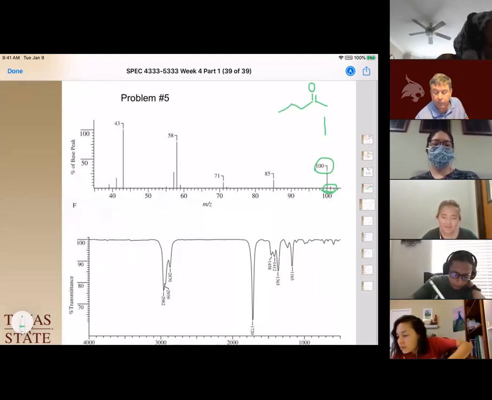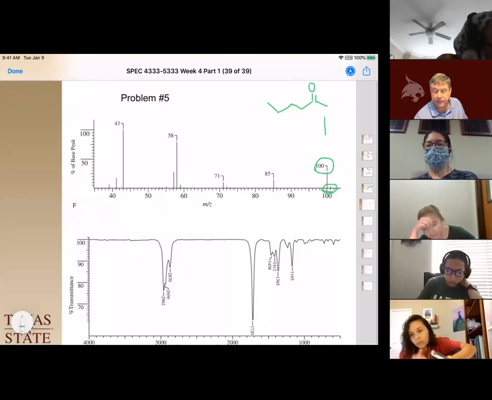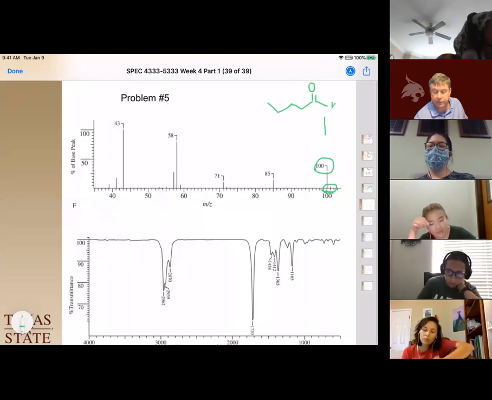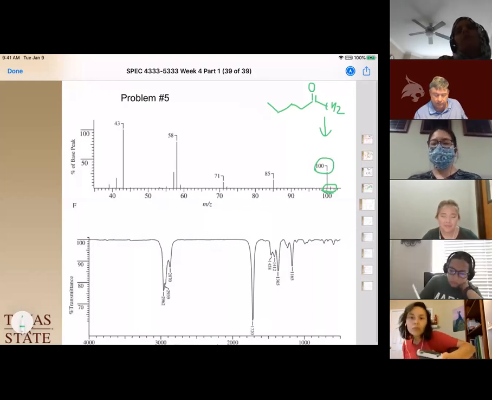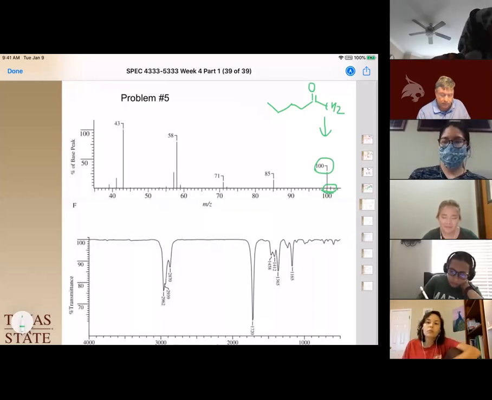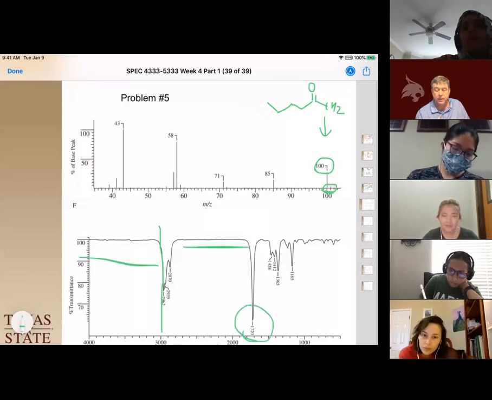So this is an actual fragment here. And let's go look at the IR now. We have no aromatics, no carbon-carbon double bonds, but we do have a carbonyl. So the IR is supporting.